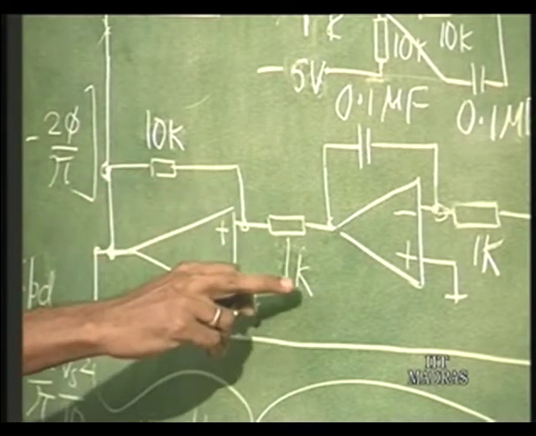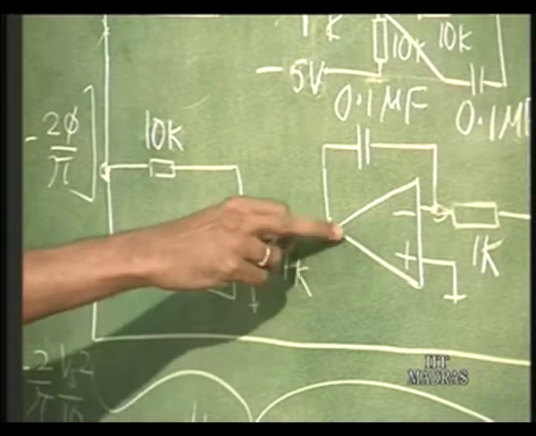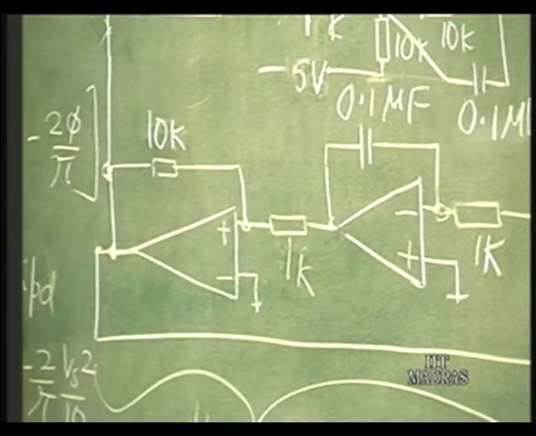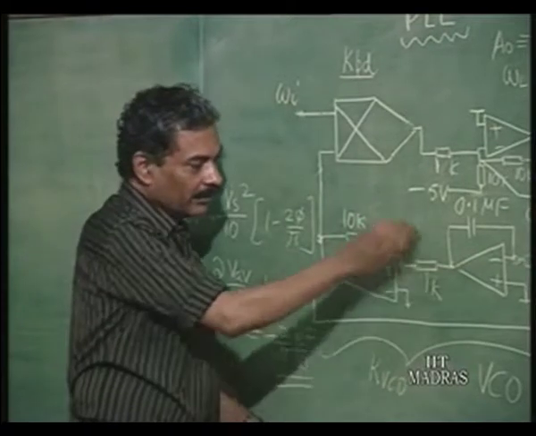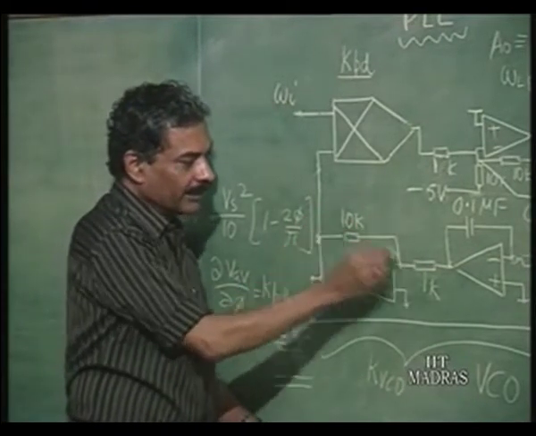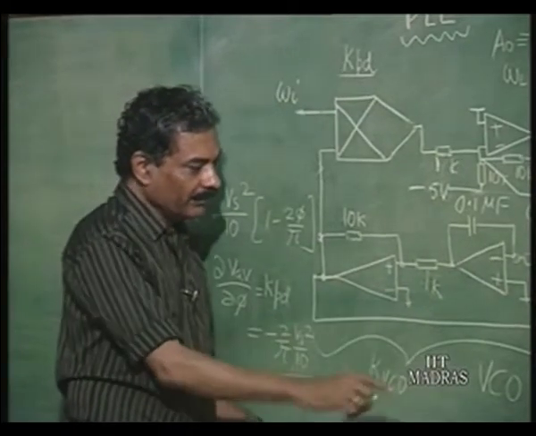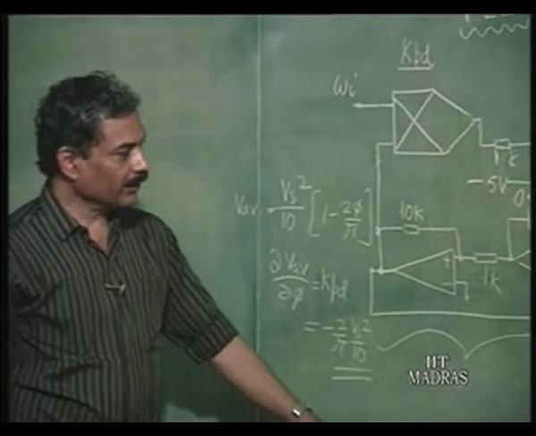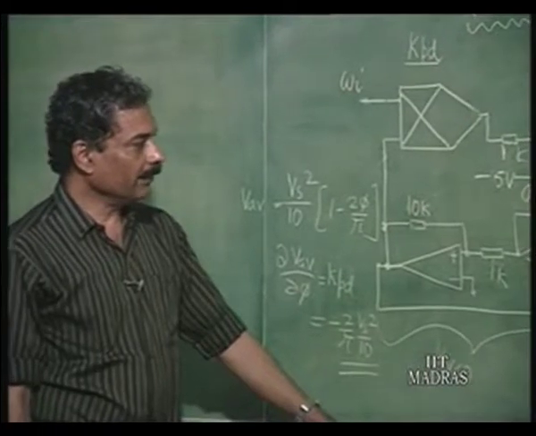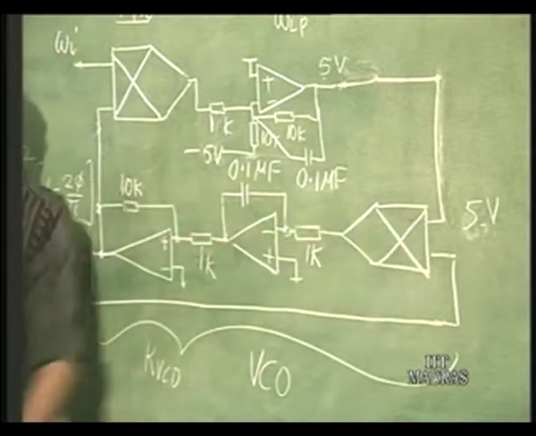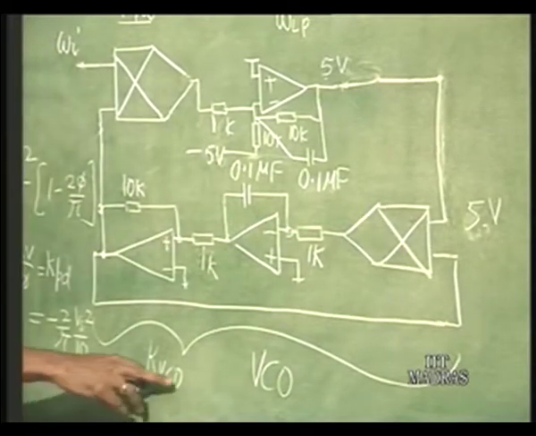So, it is made to go to fairly reasonable low values where the change of state can occur. So, this arrangement has a Schmidt trigger with 10k and 1k here, and therefore, VCO frequency is going to be determined by this RC and this Vc here, and that will determine the KVCO.